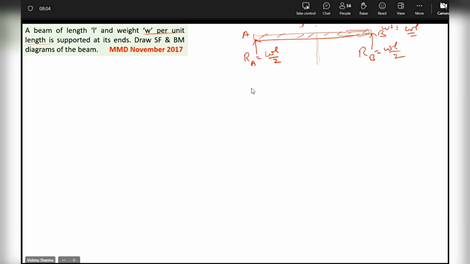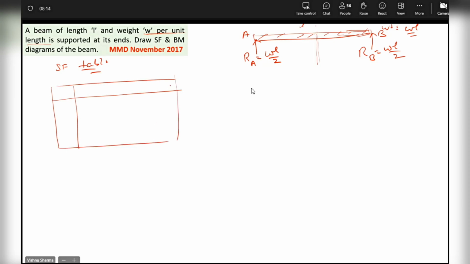Okay, so now we can make a SF table. We can make it with 2 points, no problem, A and B, like the second question that we had done. Only thing is there, instead of W, we had the weight. Instead of length, we have a value. So we have A, B. Now here, SF units cannot be put.